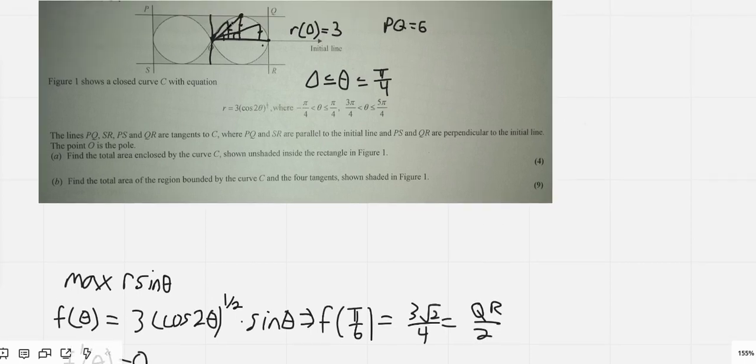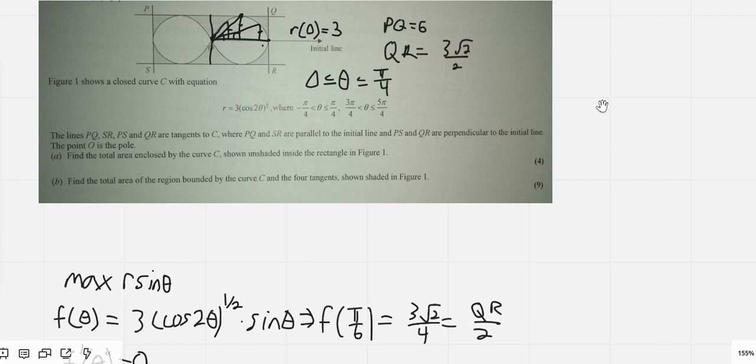So not only do we now know PQ, we now know that QR is equal to 3 times the square root of 2 over 2. Great.